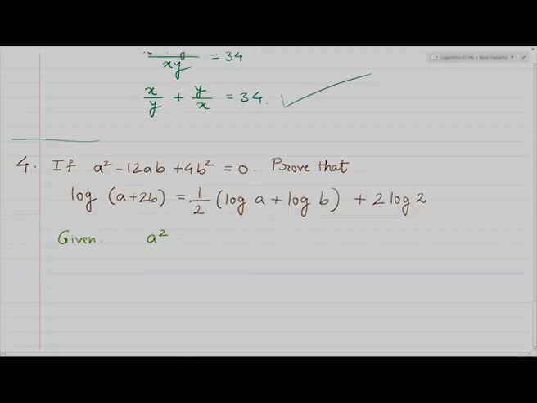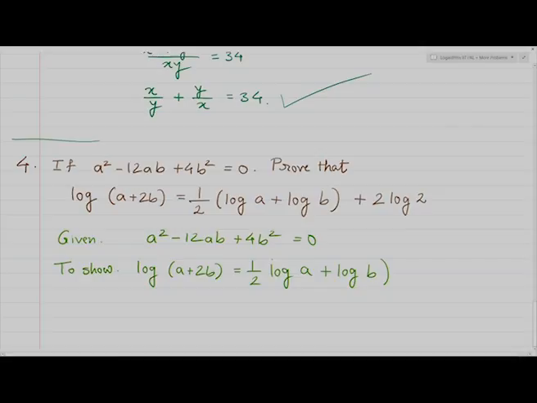You are given that a square minus 12ab plus 4b square is equal to 0, and you want to show that log of a plus 2b is equal to half times log of a plus log of b plus 2 log 2.